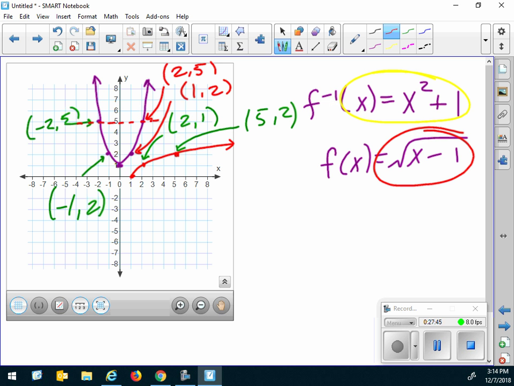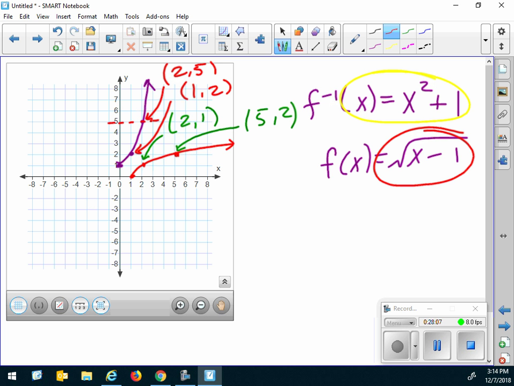that's a problem. So what I have to do when I want to find the inverse of X squared, I do something called, well, it's called restrict the domain. And what it means is I only want to use that part.